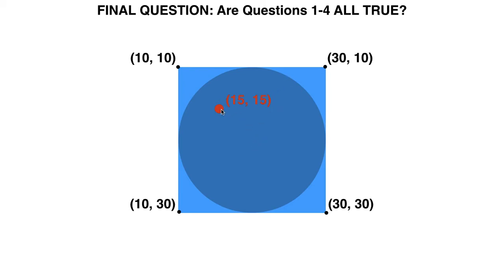So if we take a point in question, calculate its distance from the center of the circle, we get a number, and then we ask if that number is smaller than the circle's radius, and if it is, then that point is in fact contained within the circle. Otherwise, say a point way out here, that distance from the circle center is larger than the radius, so the point where the mouse cursor is is not contained within the circle.